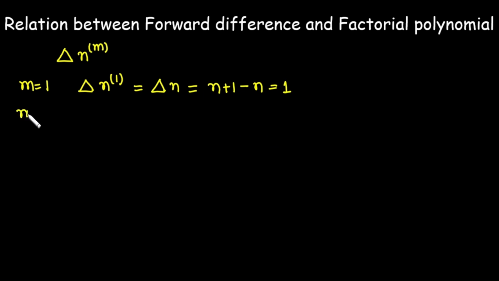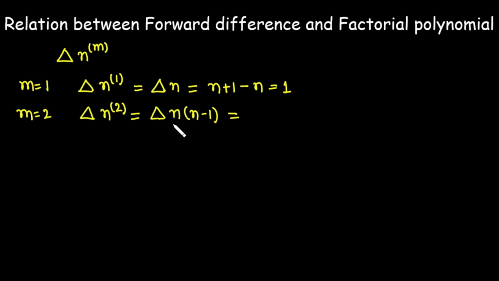Now when you take m is equal to 2, what we have? Delta of n raised to power 2 factorial polynomial. This is equal to what? We can write this as, we need two terms from the factorial. First is n, next is n minus 1. According to this, when we are applying the forward difference, means first we will take next step, then take its difference from this position.